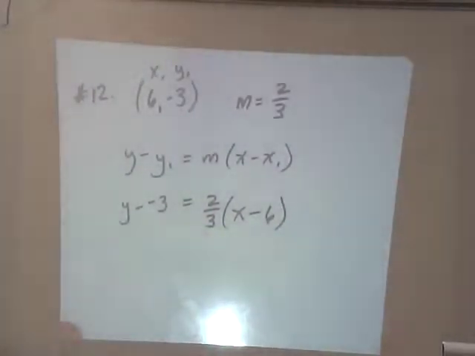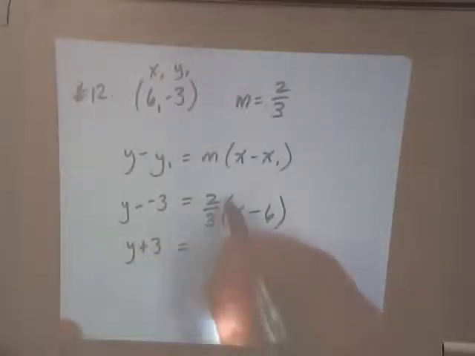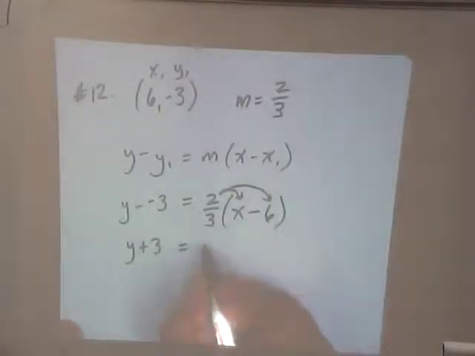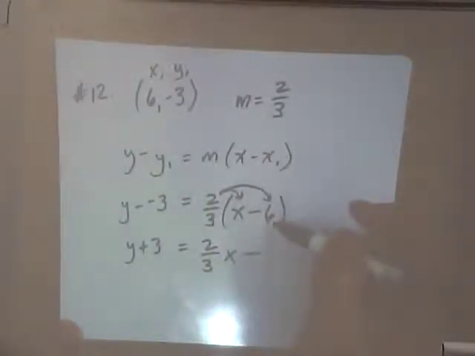Minus the negative, what is that? Positive. So it'll be y plus 3. And then we'll do what with this 2/3? Distribute it. 2/3 x minus, what's 2 times 6? 12 divided by 3? 4.